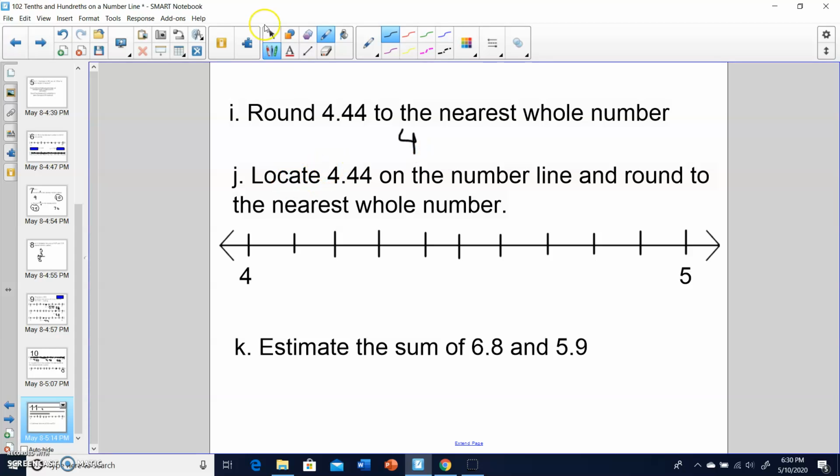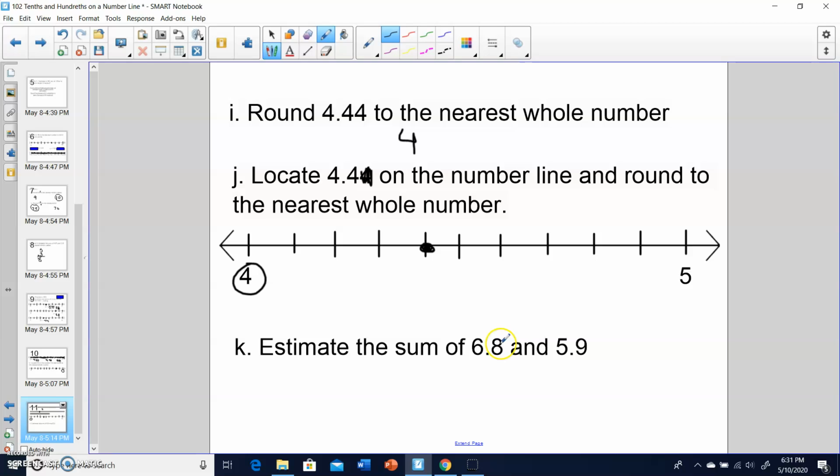And then J, locate, this shouldn't be here, 4 and 4 tenths on the number line and round to the nearest whole number. So 4 and 4 tenths. So this would be 1 tenth, 2 tenths, 3 tenths, 4 tenths. And is that closer to 4 or closer to 5? It is closer to the 4.